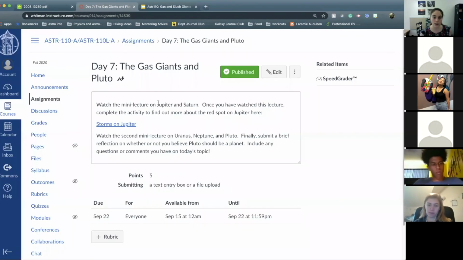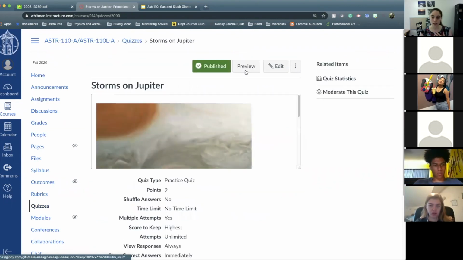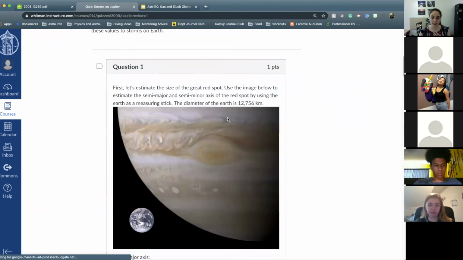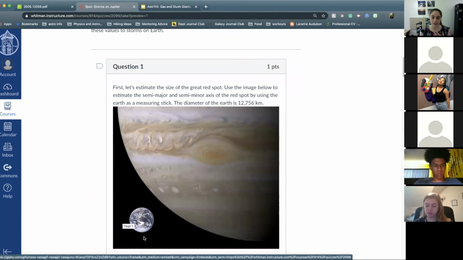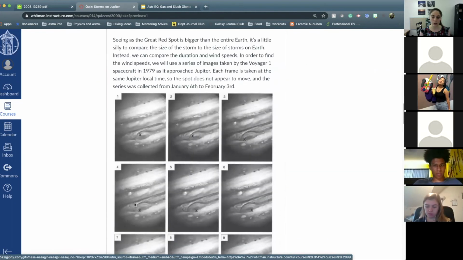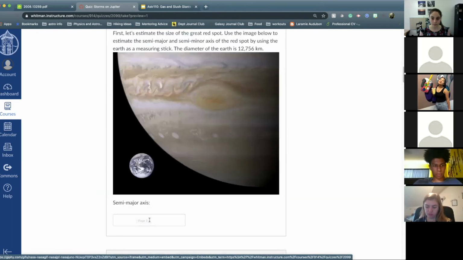If you go to your assignments on day 7, there's something called storms on Jupiter. And this one should all work. The idea is that we're going to use a scale to find the size of this storm and then some time-lapse images to figure out how quickly it's rotating.